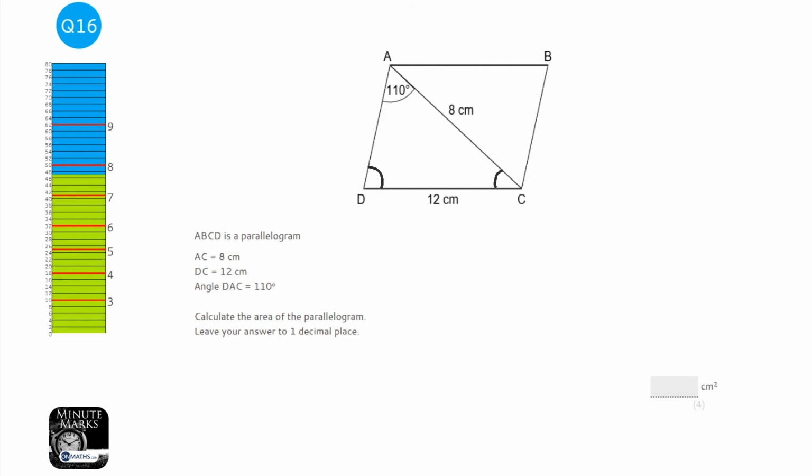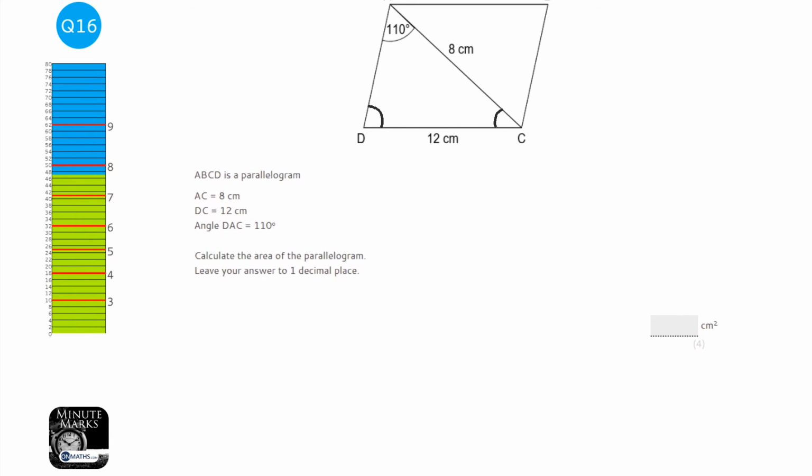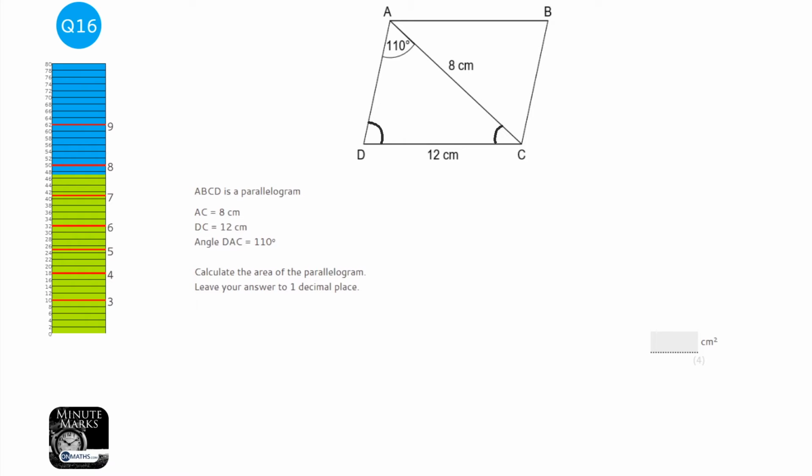So I'm going to work out the angle I marked first, so that is angle ADC. That's what I want to work out first. Now to do that, let's call it X, so it's a bit easier to write.